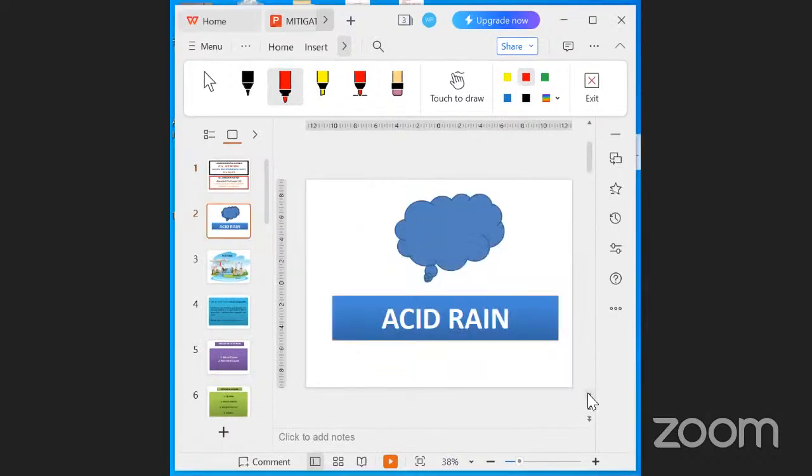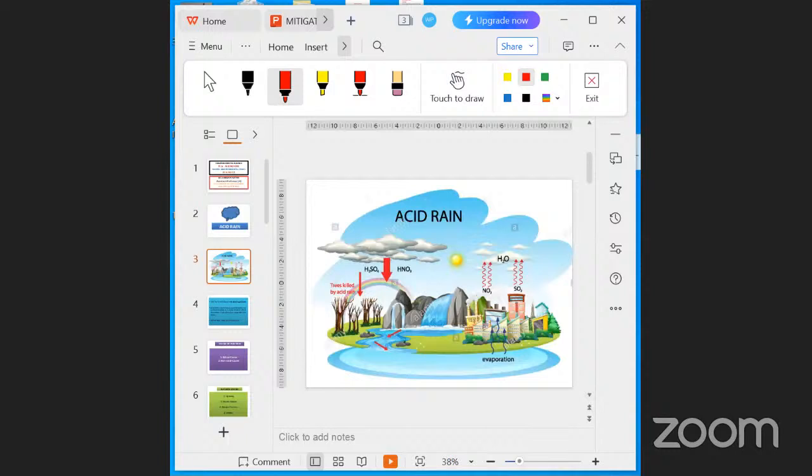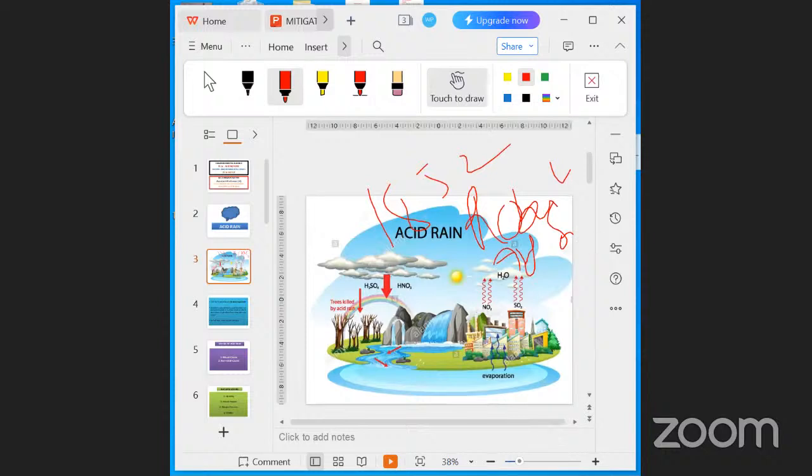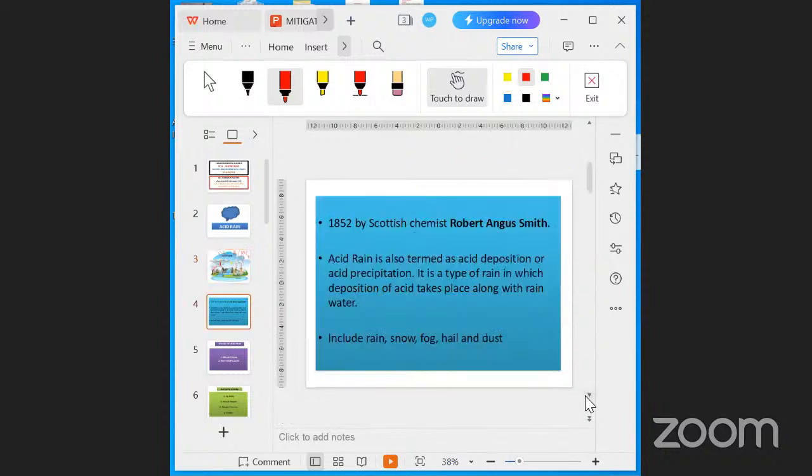So now the next topic is acid rain, right? This is also important. The term acid rain was coined in 1852 by the Scottish chemist Robert Angus Smith, okay?